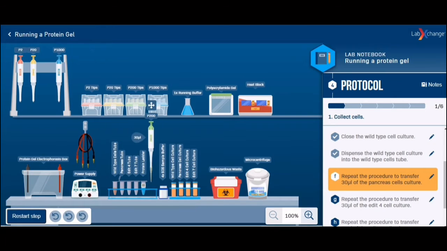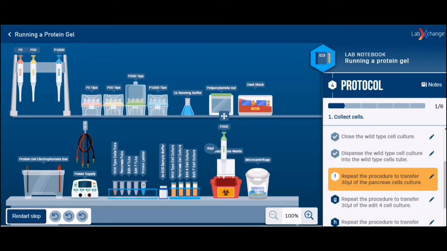Next, we will repeat the procedure to transfer 30 µL of the pancreas cell culture. Before that, we will attach a new tip before we continue to the pancreas cell culture.